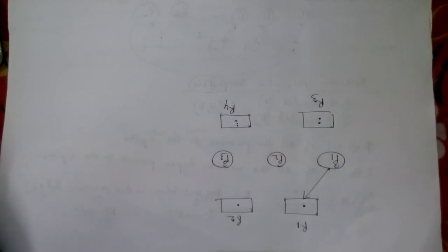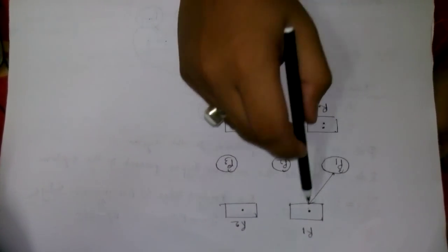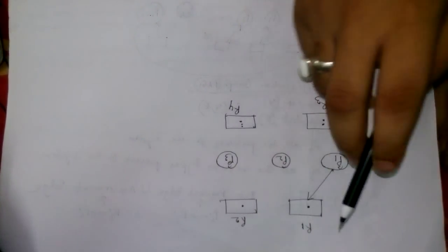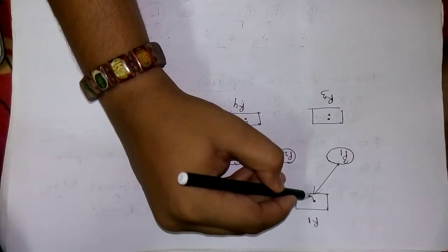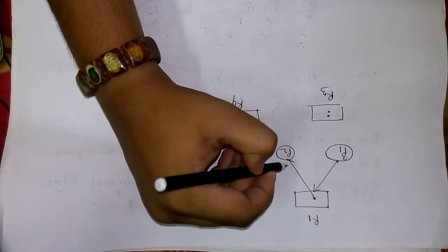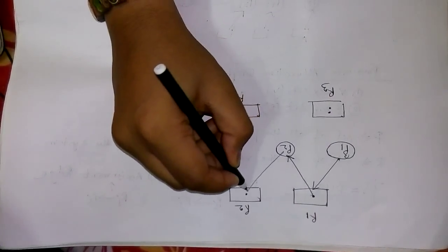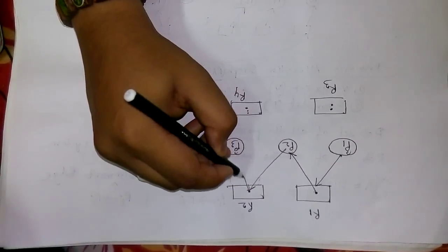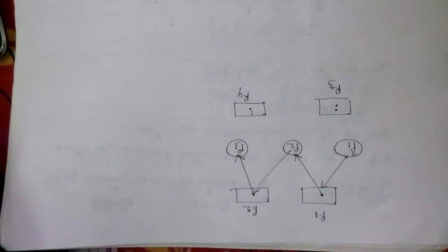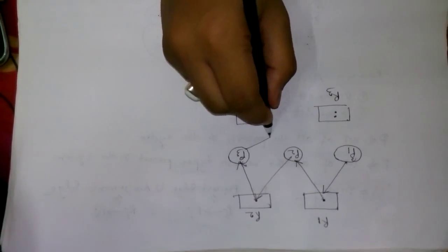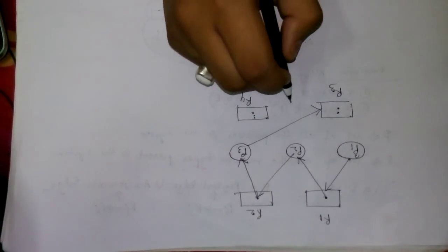Okay. Now P1 is requesting for the only instance of resource type R1, and that instance has been allocated to P2. Then P2 is requesting for this instance which has been allocated to P3 process. Now P3 is requesting for an instance of resource type R3.